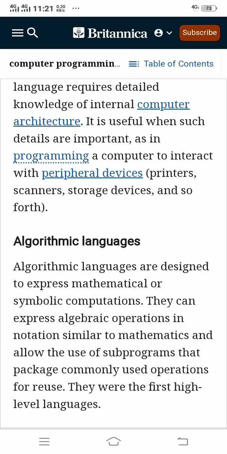As you know, there are hundreds and hundreds of languages used today in different fields of life, such as in machines, other devices, and robots.